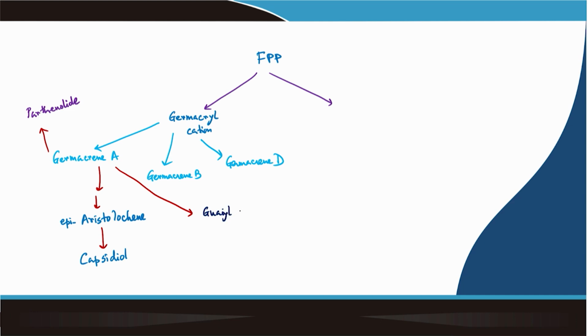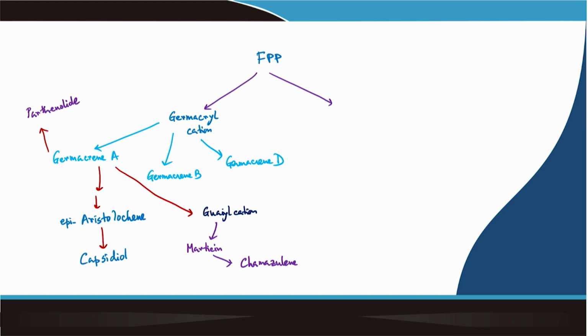guaiacyl cation is produced, and from there it produces matricine, and from matricine chamazulene is produced.